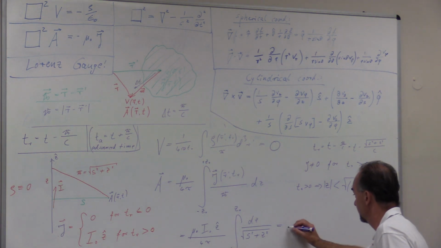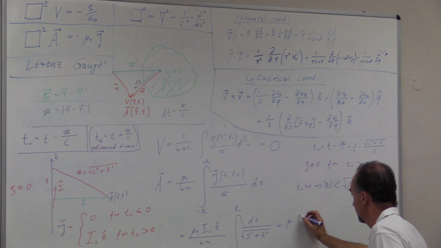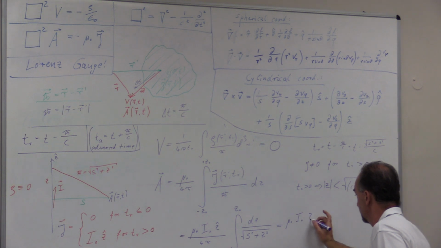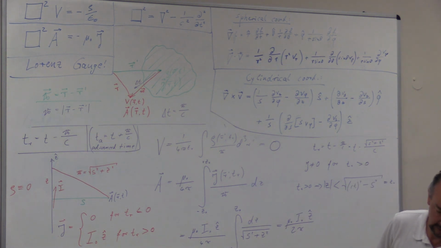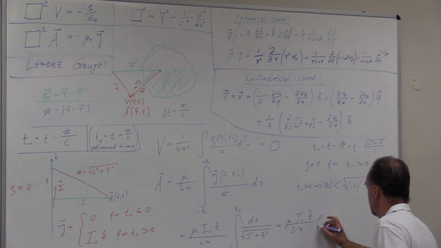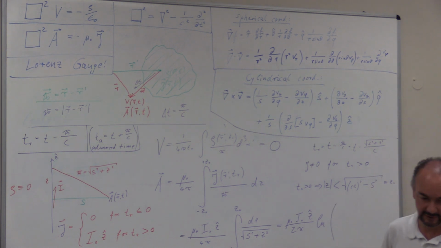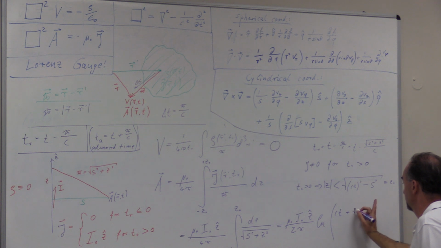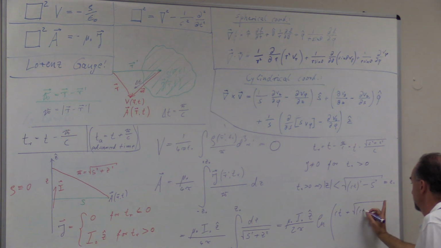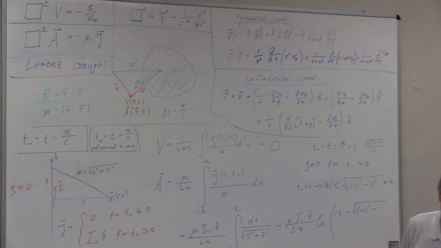So what we find is that this is mu naught I naught in the z direction over 2 pi, and what is it, ln of some nasty function. Ct plus the square root of ct squared minus s squared, right?